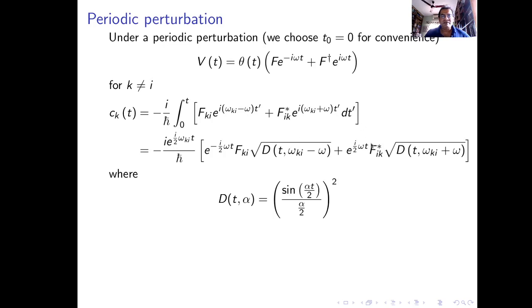So this is correct up to a sign. It could be either a plus or a minus depending on whether this thing inside the square bracket is positive or negative.